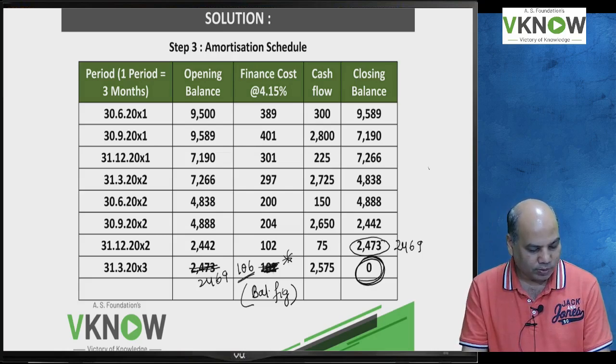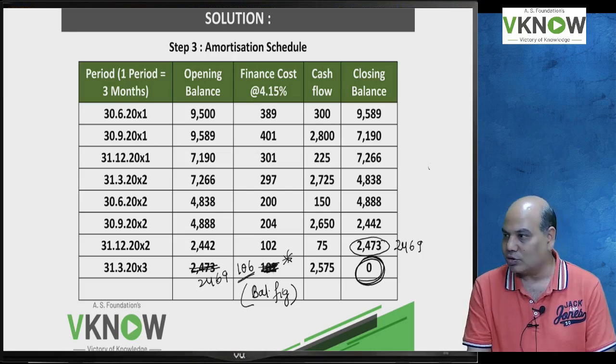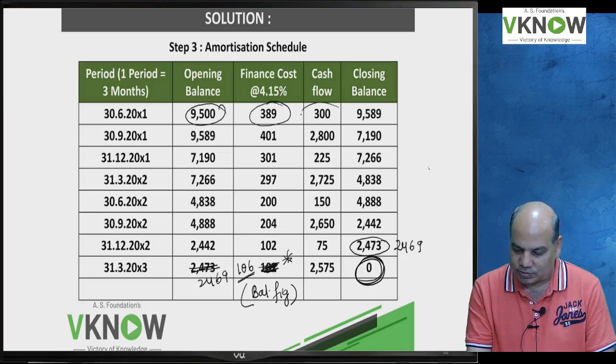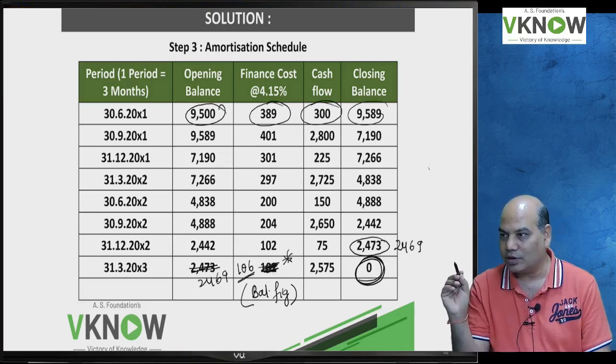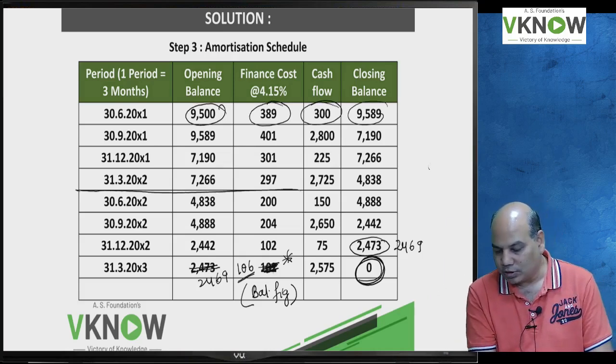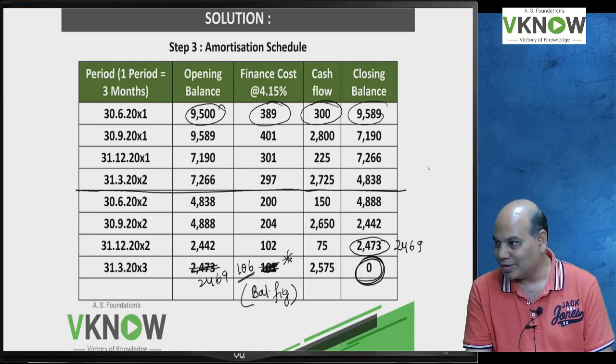If they ask, you can prepare it. And this helps you to write the entries also very fast. This will be my opening balance. This is interest. This is cash flow payment, and this is closing. The same thing will appear in your ledger, but I will close the books of account only once a year, not quarterly.